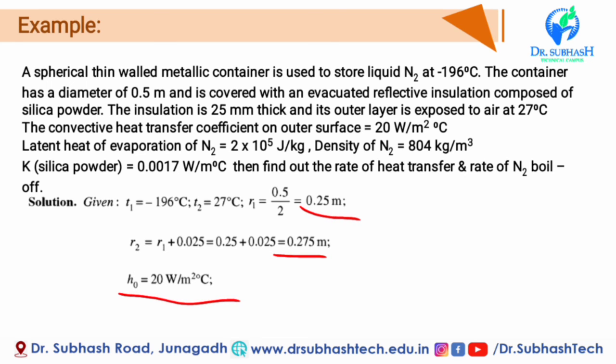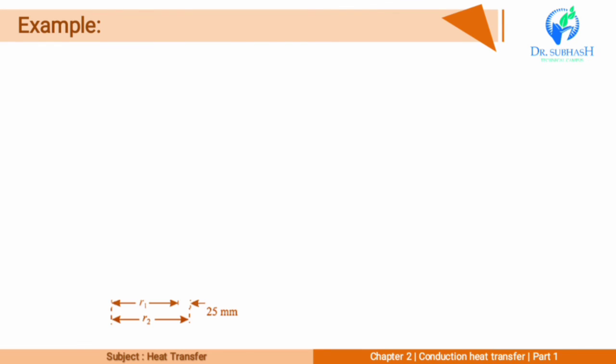The convective heat transfer coefficient is only given outside, that is 20 watt per meter square degree centigrade, and h_fg, the latent heat of evaporation for nitrogen, is 2 into 10 raised to 5 joule per kg, and rho, the density of nitrogen, is 804 kg per meter cube.